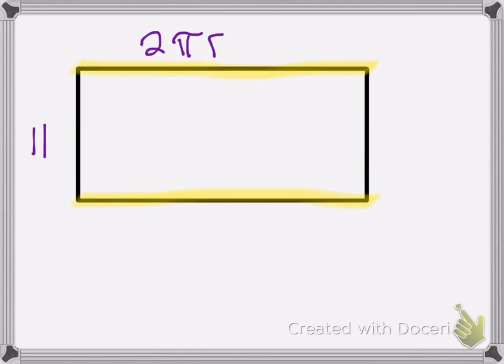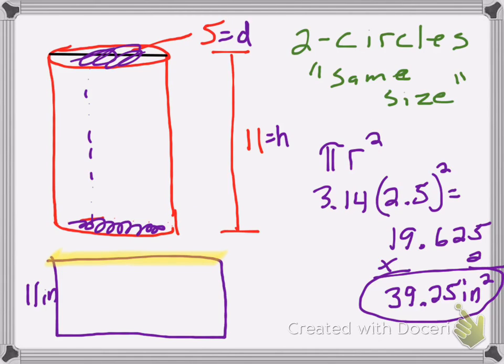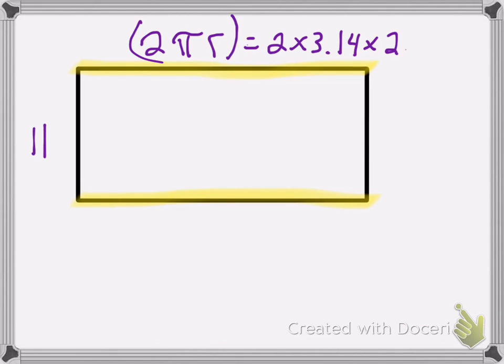So if I plug that into this expression, that gives me 2 times 3.14 times my radius, which is 2.5, I believe. Right? Yes. That will calculate my length.